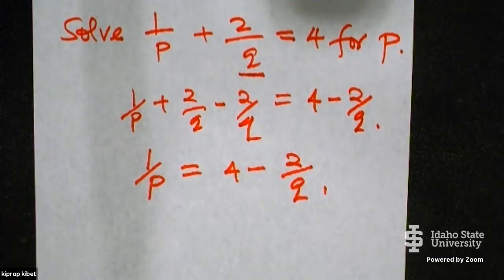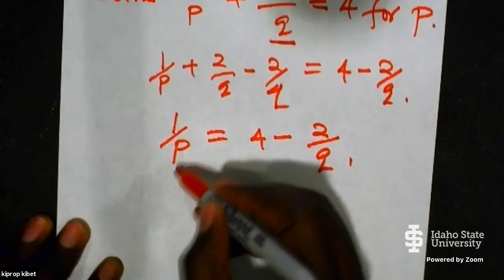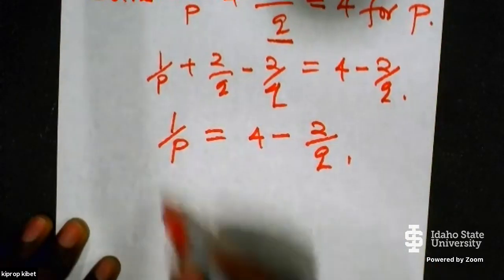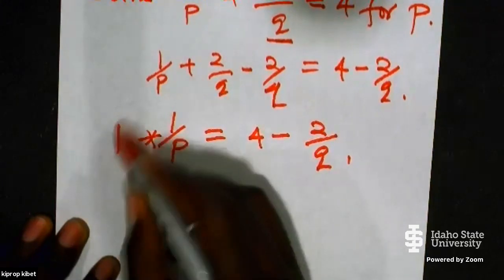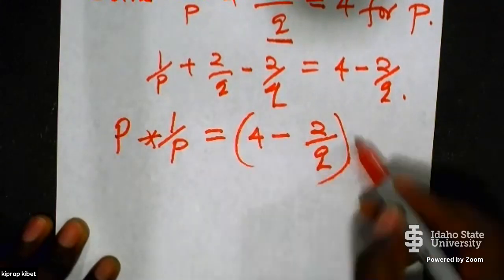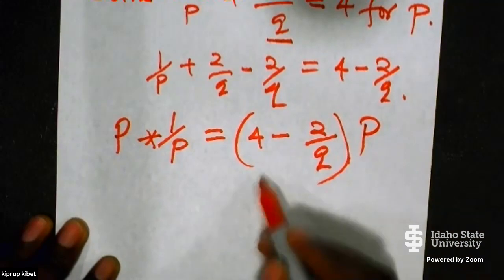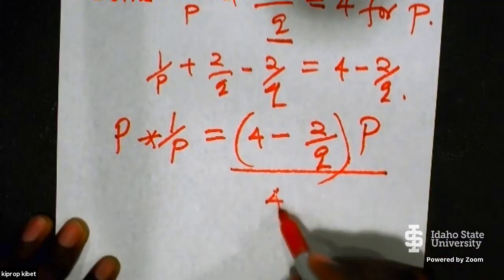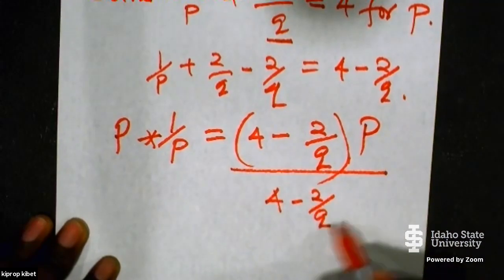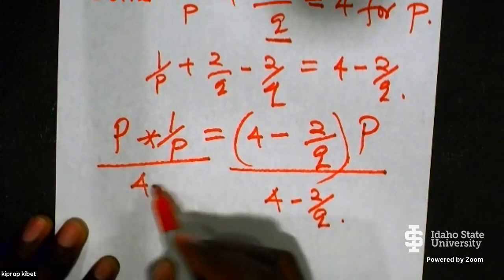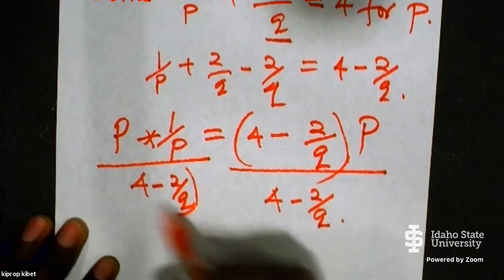Here you can multiply everywhere by p, and then you divide by 4 minus 2 all over q.